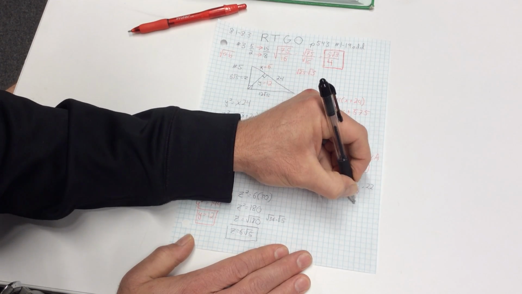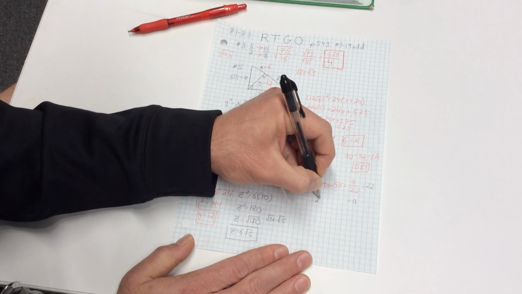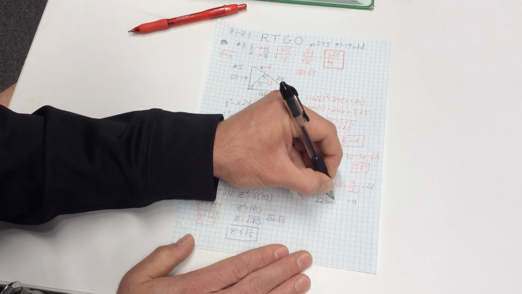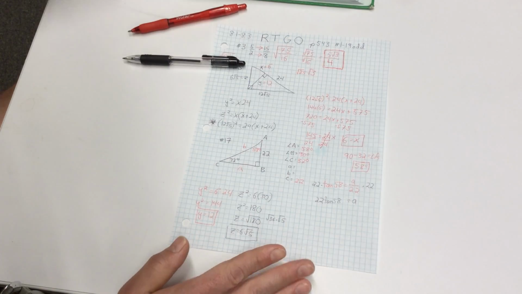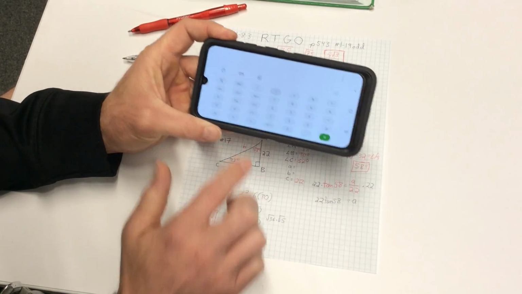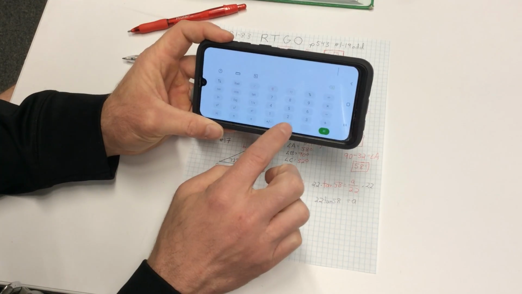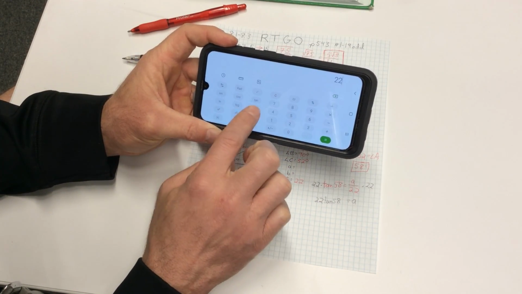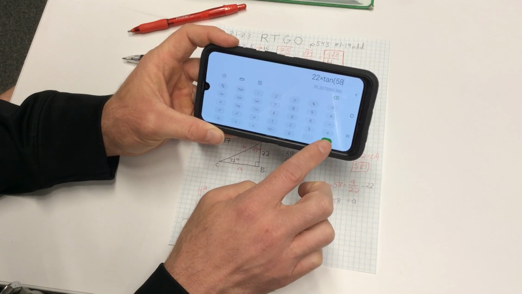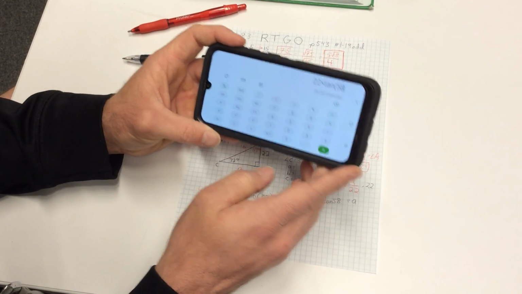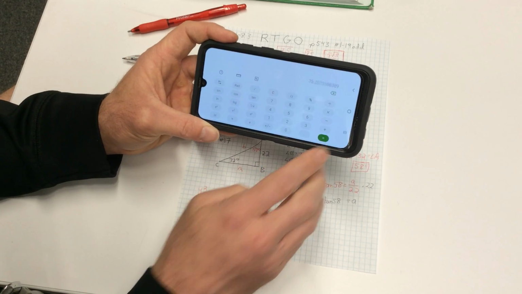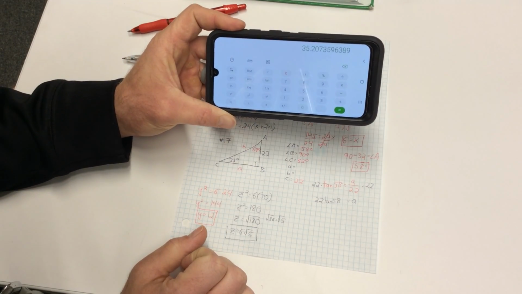And so A is equal to 22 tangent 58. Again, in situations where you don't have calculators, that's actually your final answer, though it's kind of scary looking for some. So 22 times tangent of 58. And so that side length looks like it's 35.